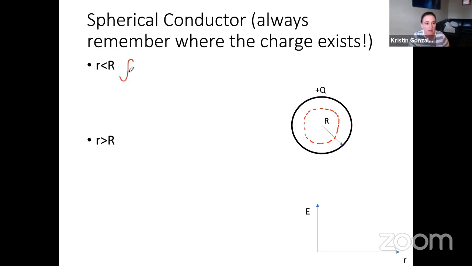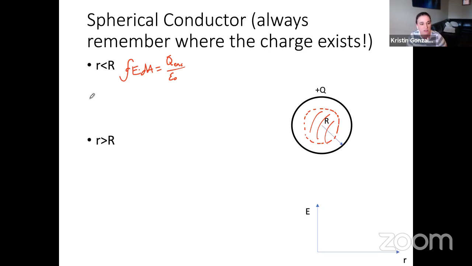We know Gauss's law, integral of E dot dA equals Q enclosed over epsilon naught. We're going to address the two things always. What is the surface area of my Gaussian surface? And what is my Q enclosed? Well, it's still a sphere.